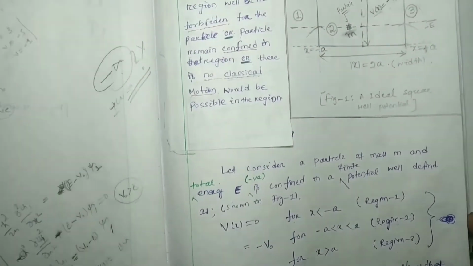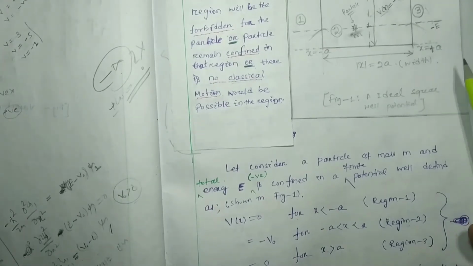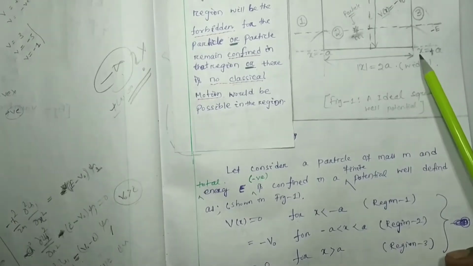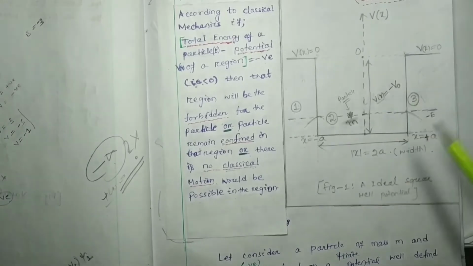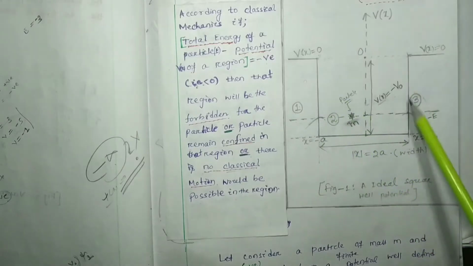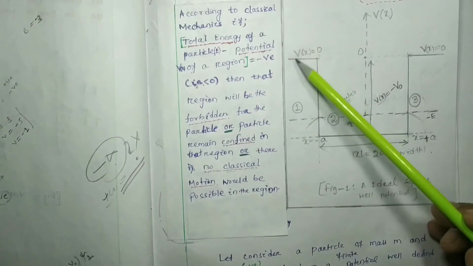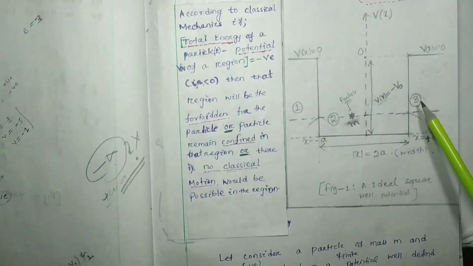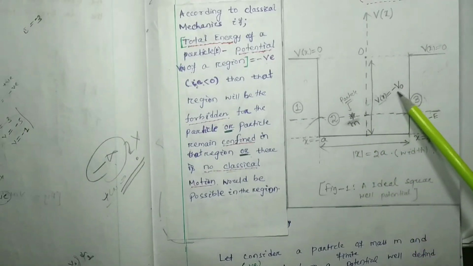First, a quick revision of what we discussed in our last class. The problem is that a particle having mass m is trapped inside a well. The potential is 0 in region 1 and region 3, and in region 2 the potential is negative.